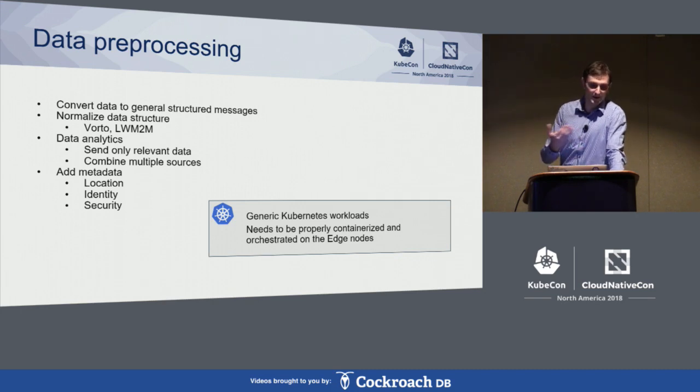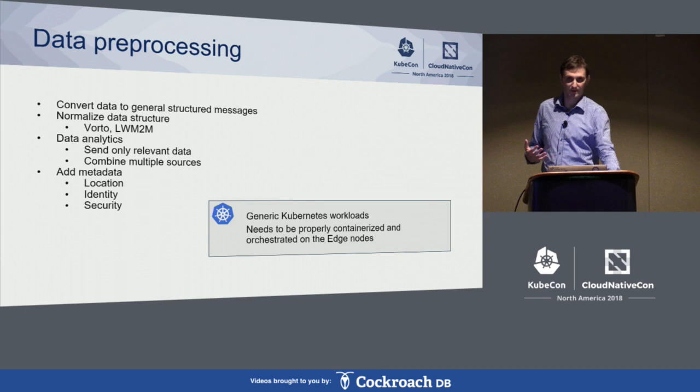That's where open source projects like Wakaama and standards like LWM2M come into play, trying to make sense of the readings and of the data we are collecting on the edge.